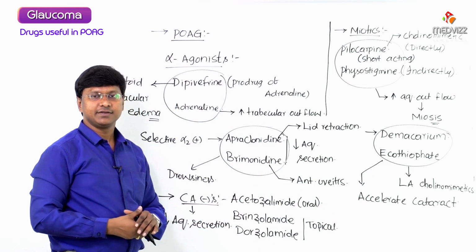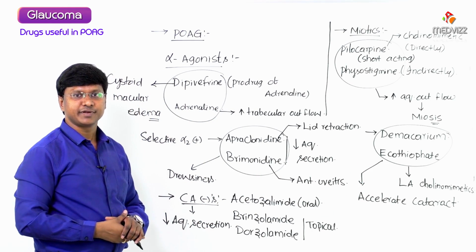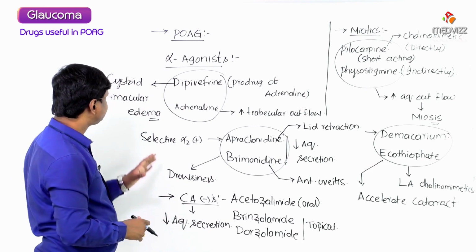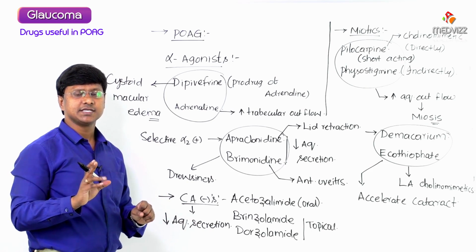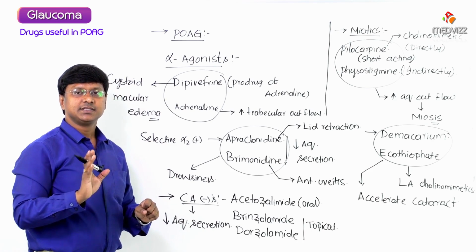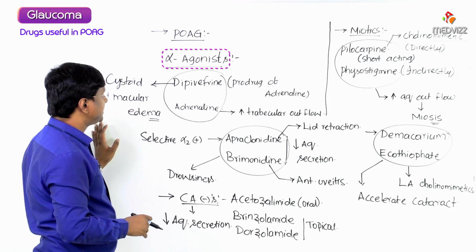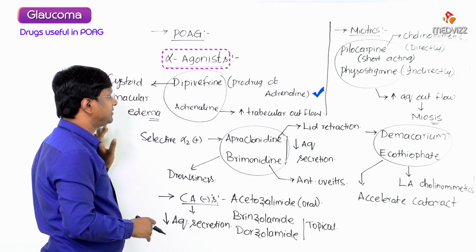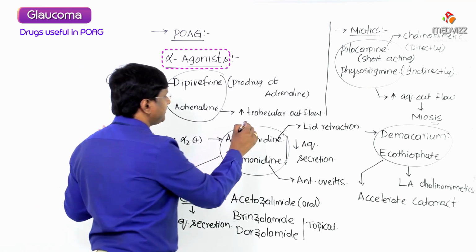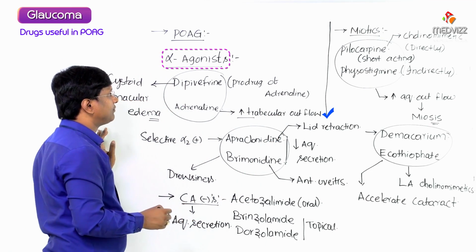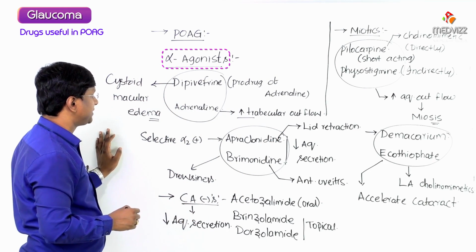So let me shortly revise the drugs used in the treatment of primary open angle glaucoma. We have already discussed the beta blockers as well as the PGF2 alpha derivatives. The other drugs are alpha agonists, that is dipivefrin, which is a prodrug of adrenaline, as well as adrenaline. Both of these drugs will increase the trabecular outflow and thereby reduce the intraocular pressure.